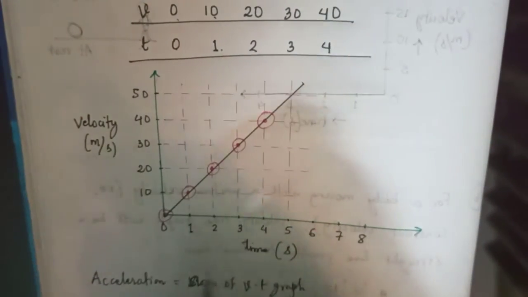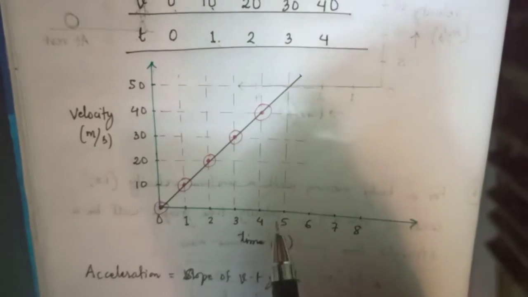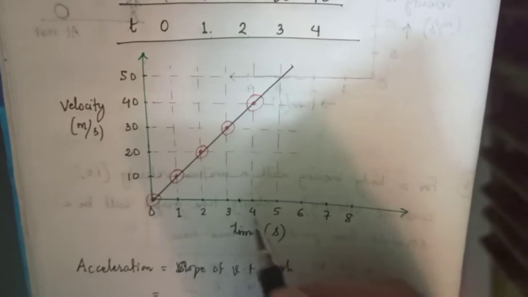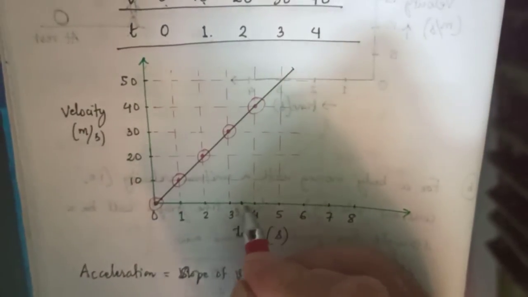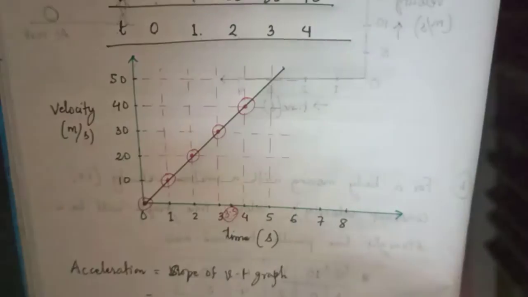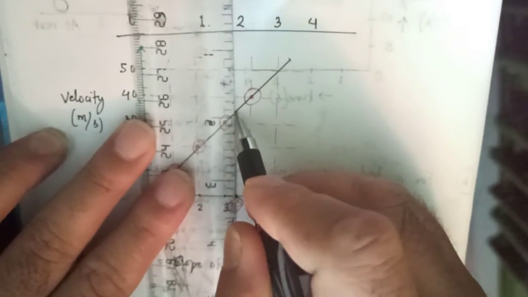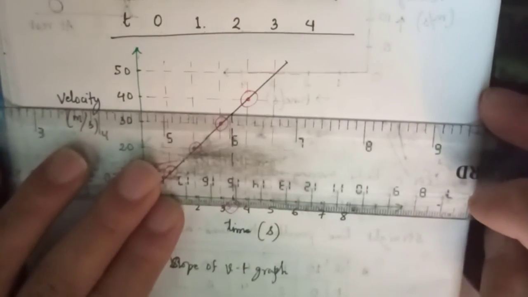You can calculate the velocity at any instant by dropping the perpendicular. If you want to know the velocity of the body at 3.5 second, you draw a line on the graph line from this point, then again from this point on the graph line you drop a perpendicular on the velocity axis.